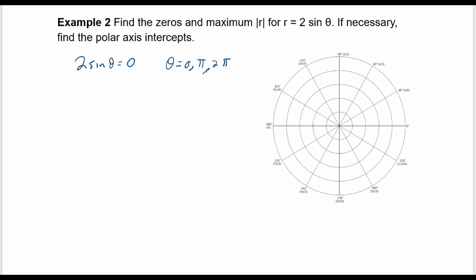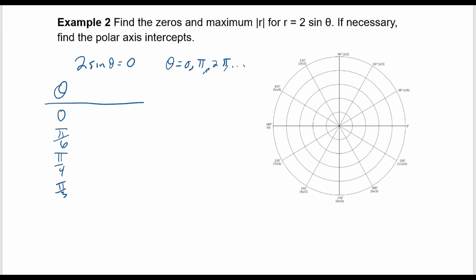Now if we look at trying to get the maximum values, and this is just the first set. This goes on forever, by the way. Okay, so let's go ahead and come up with some values. So let's go 0, pi over 6, pi over 4, pi over 3.